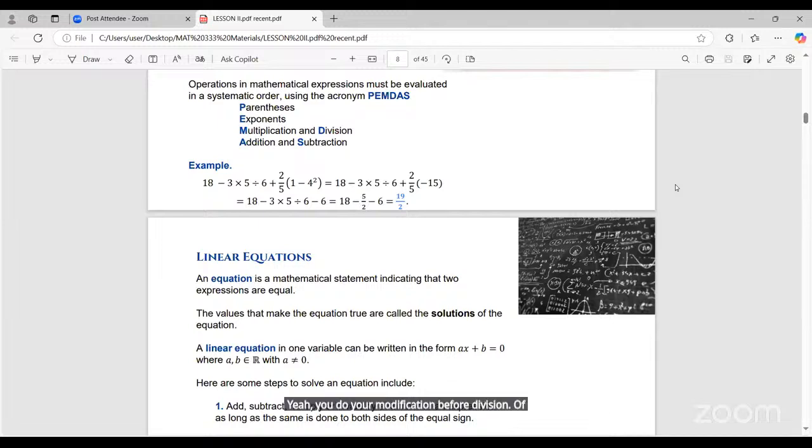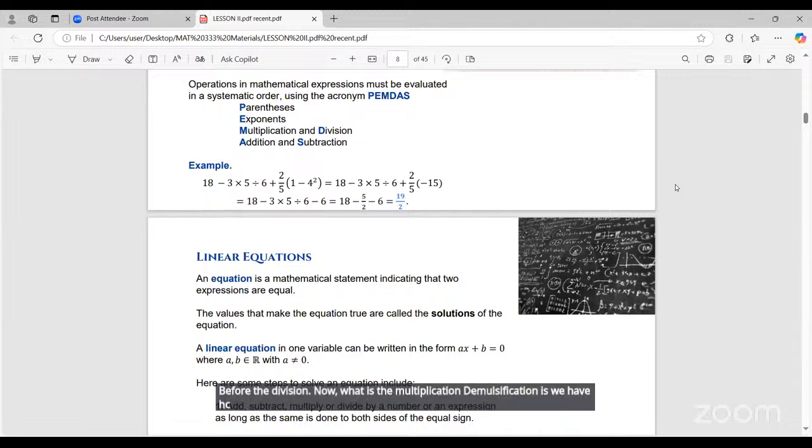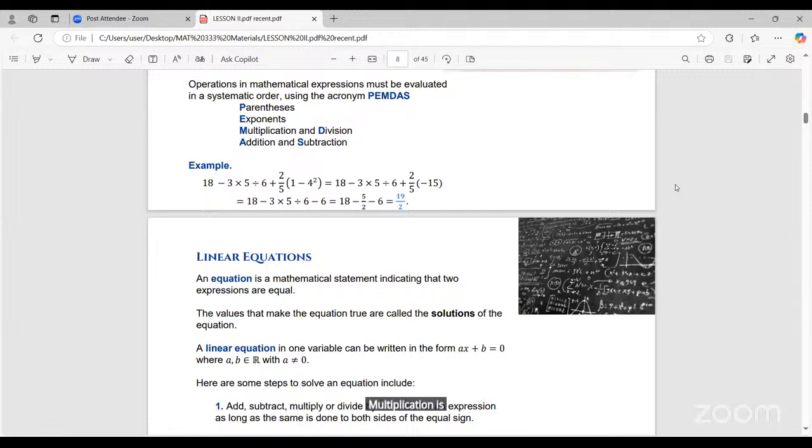We are doing the multiplication before the division. The multiplication is 3 times 5, that's minus 15, divided by 6.